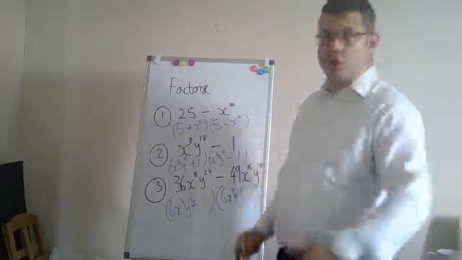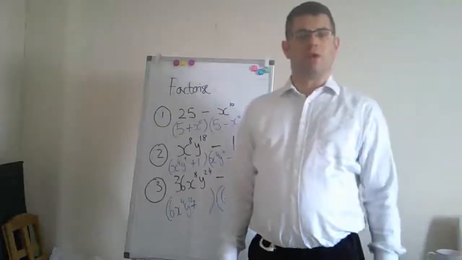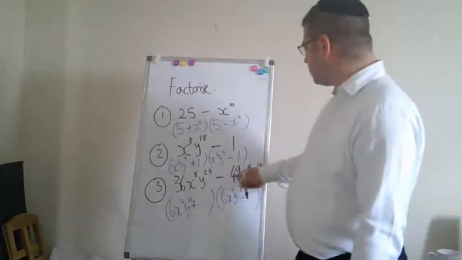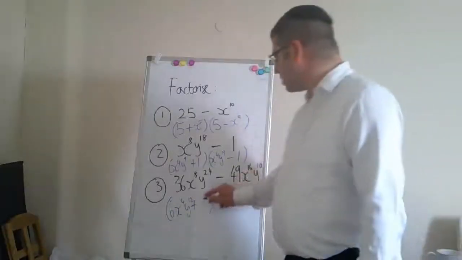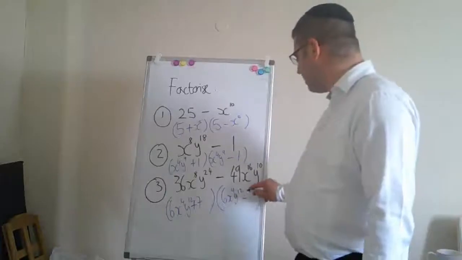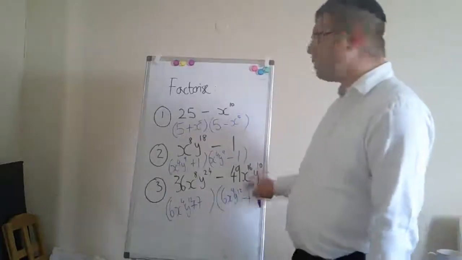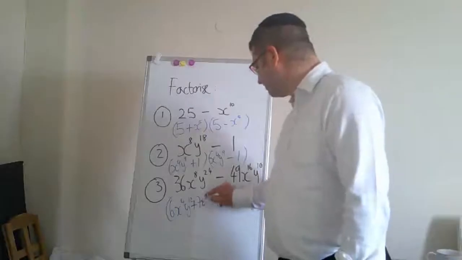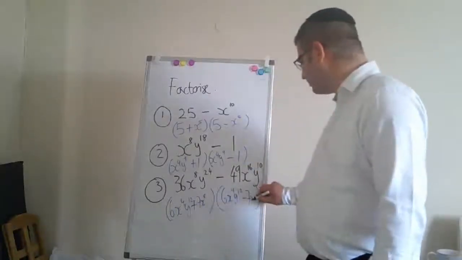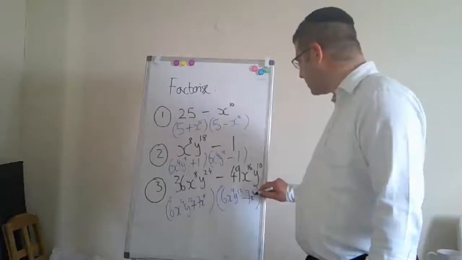And now let's just launch our way through and square root all of them. So, square root of 49x to the 16y to the 10. 49 square roots to 7. Let's put a 7 here and a 7 there. Square root of x to the 16 halves the power, so x to the 8.